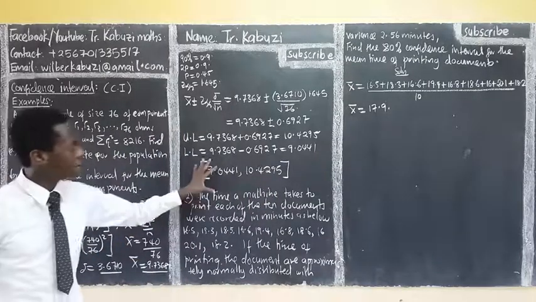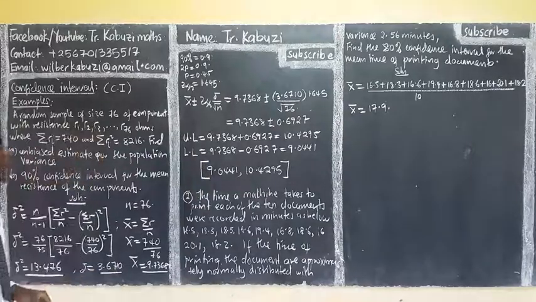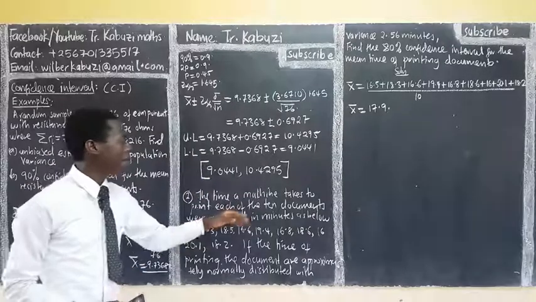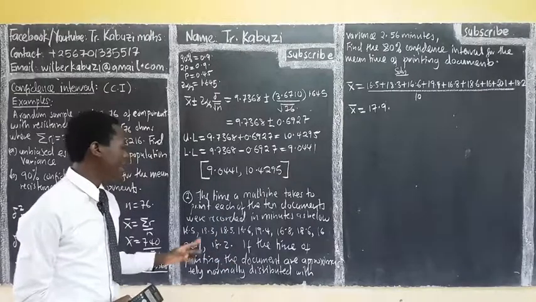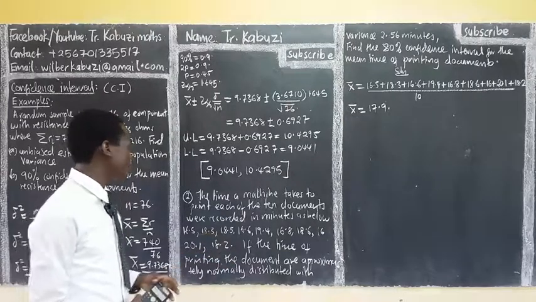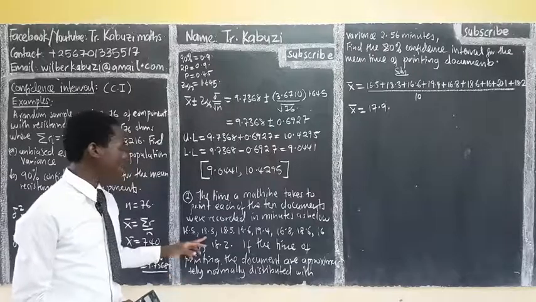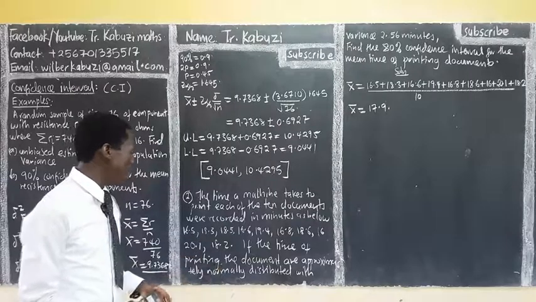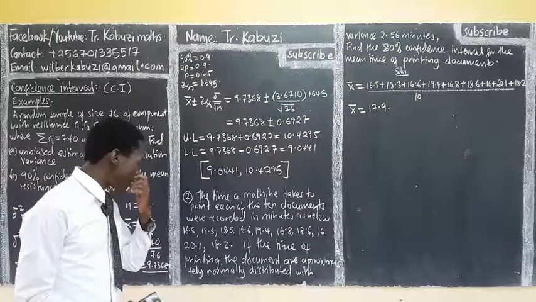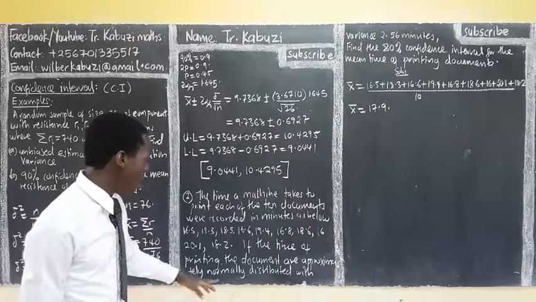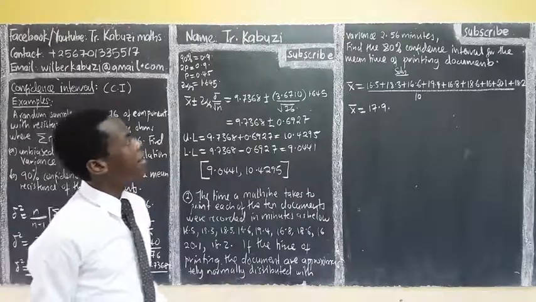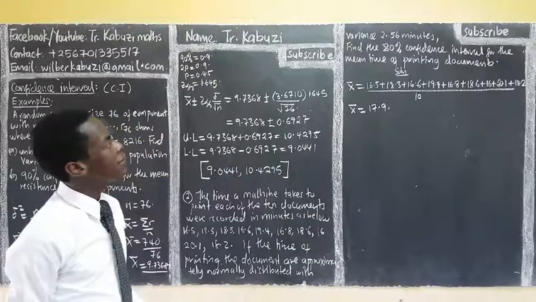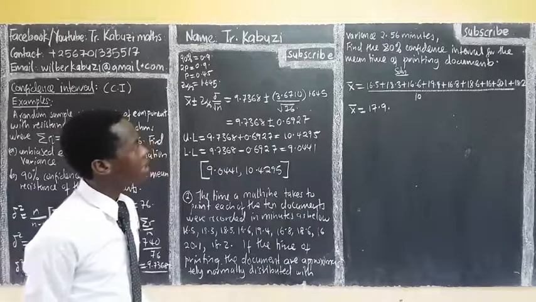In part number 2, the times a machine takes to print each of 10 documents were recorded in minutes as below. If the time of printing the documents is approximately normally distributed with variance given, find the 80% confidence interval for the mean time of printing the documents.